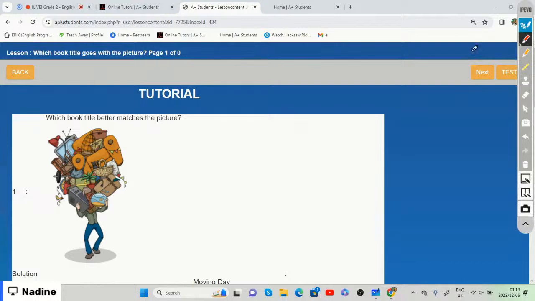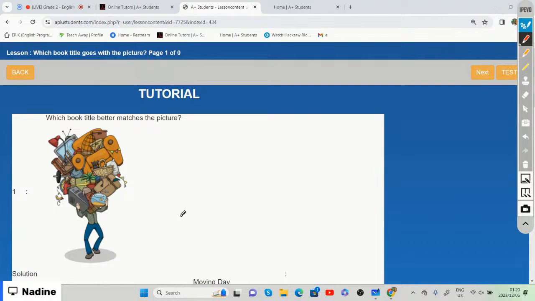If we look at the picture, the idea we're getting as to why it is called Moving Day is that it shows he needs to juggle and carry everything by himself, which means that he is moving with his belongings.